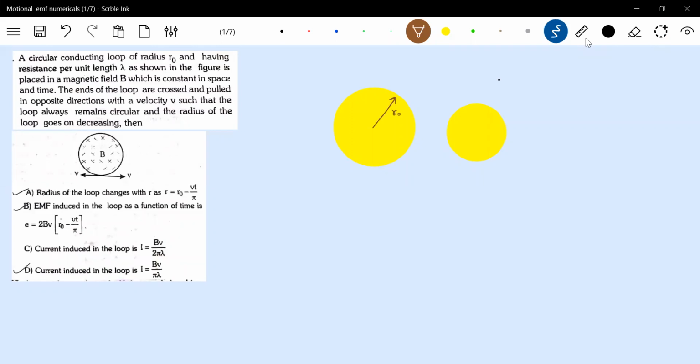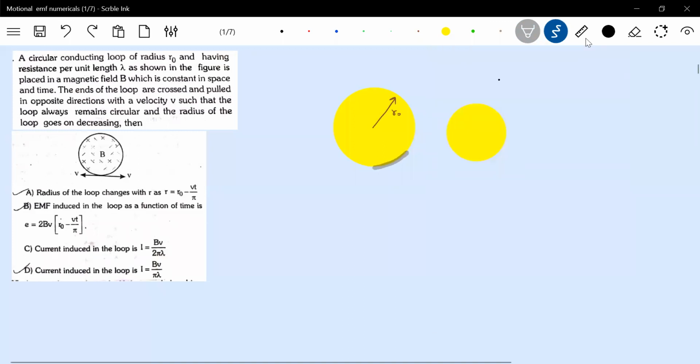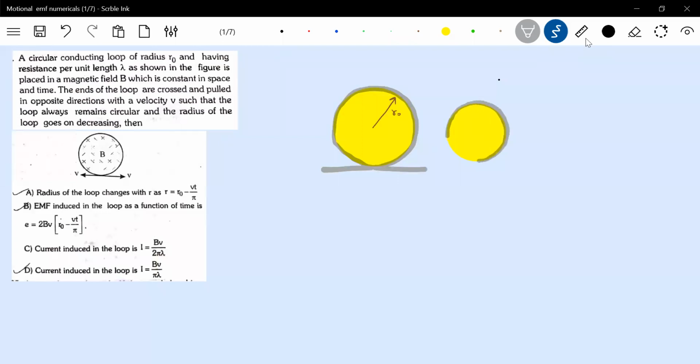This is the loop everywhere. I'll bring it. So finally, you can see that at any time t, this will be the situation of r. Everywhere here B bar is into the plane.